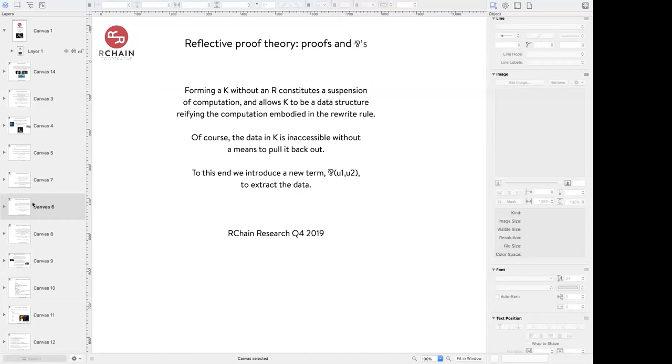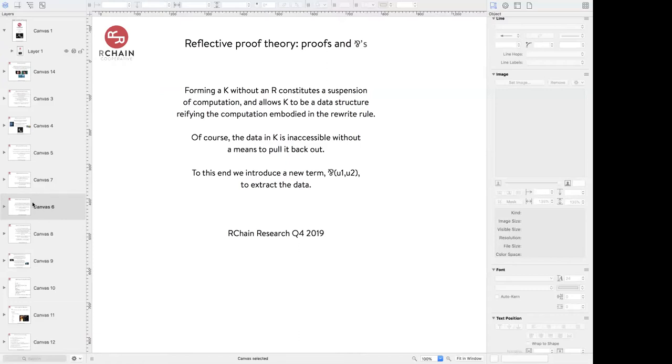What it does is allow K to be a data structure, reifying the computation embodied in the rewrite rule. In the case of lambdas, we modified beta reduction to take this additional catalyst R. And without the catalyst, the application constructor becomes a data structure.